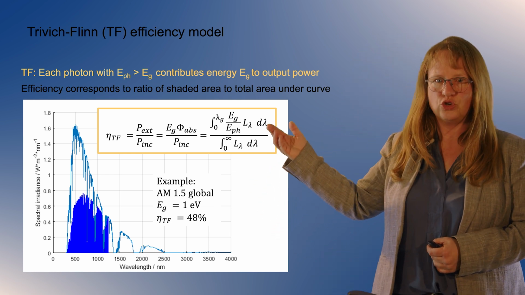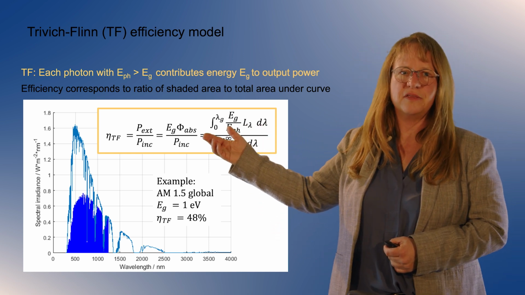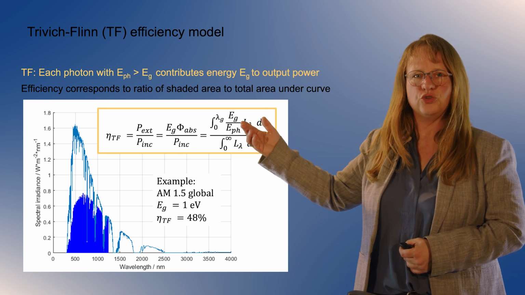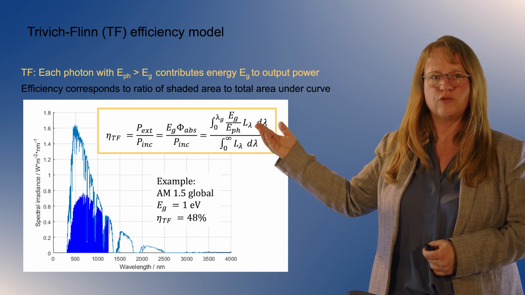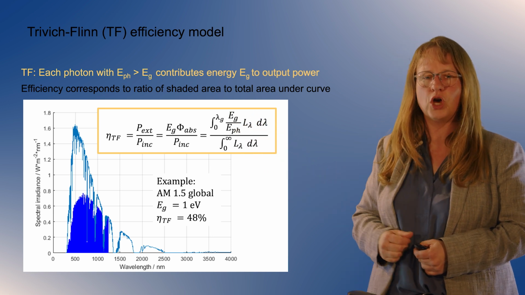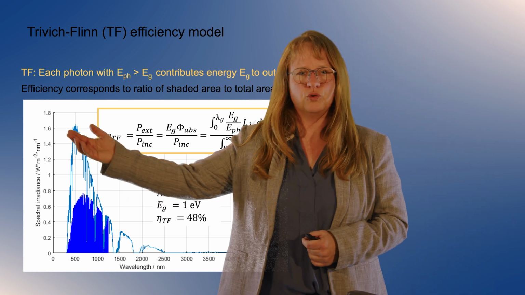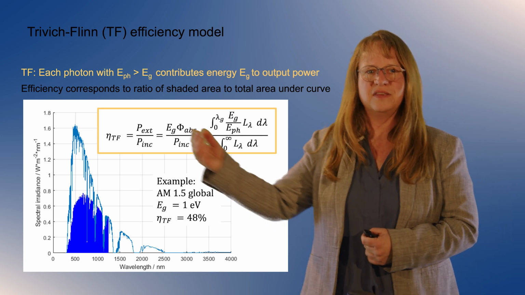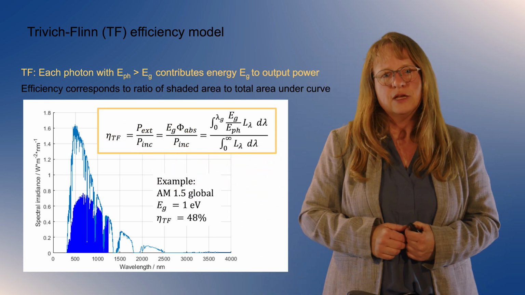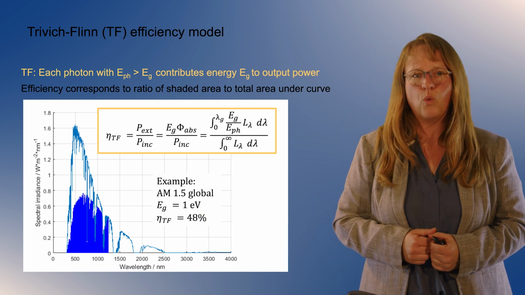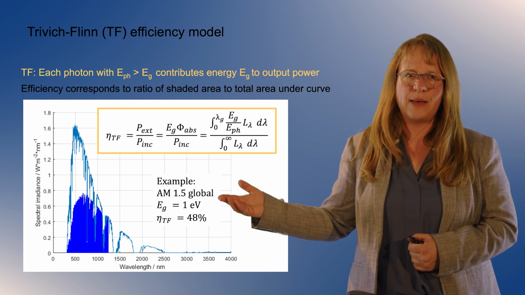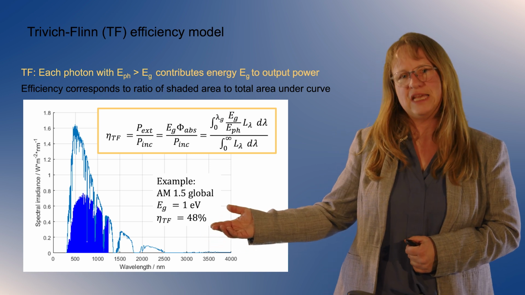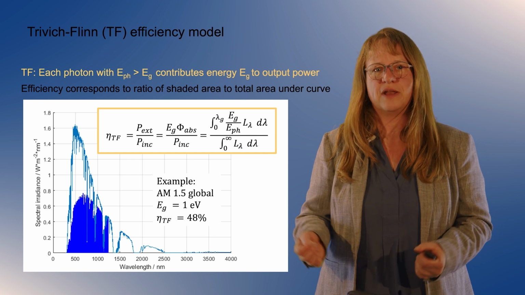And if you formulate this in terms of the spectral irradiance, you get this equation here, in which you do a weighting of the spectral irradiance with Eg over E photon in order to take into account this thermalization effect here. And I actually calculated now what this model efficiency would be. So we obtain for a band gap energy of 1 electron volt, considering this air mass 1.5 global reference spectrum, an efficiency of 48% following the Trivich and Flinn model.